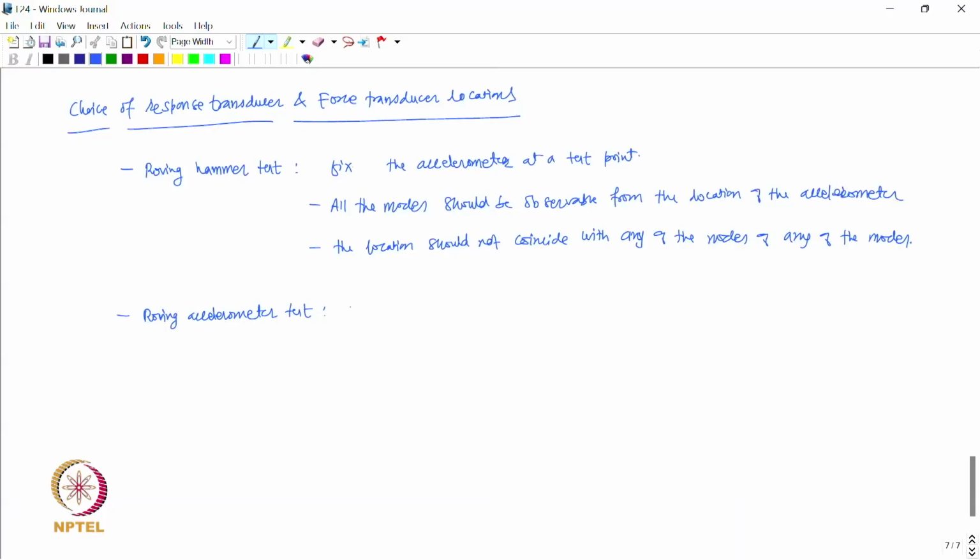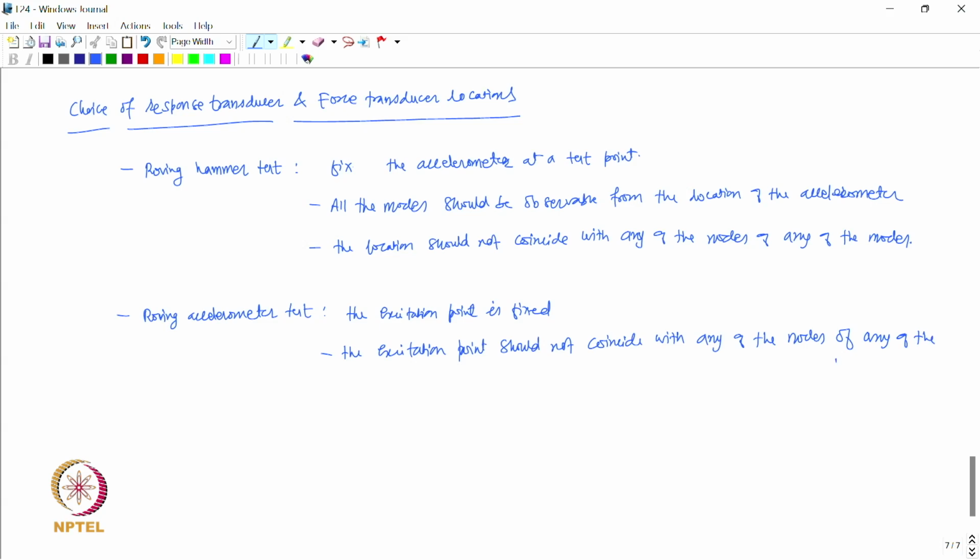The excitation point is fixed, therefore the excitation point should not coincide with any of the nodes of any of the modes.